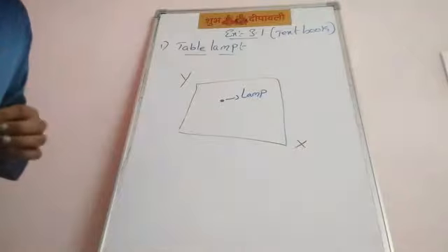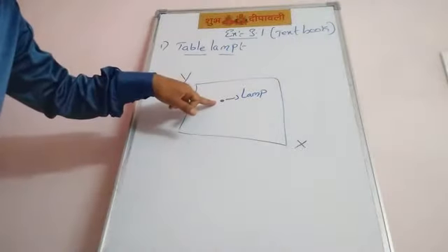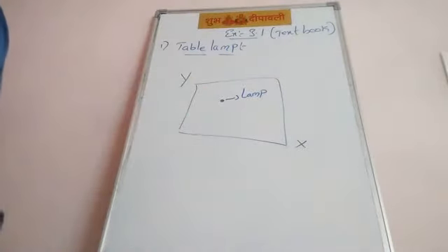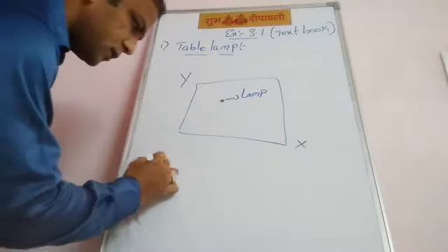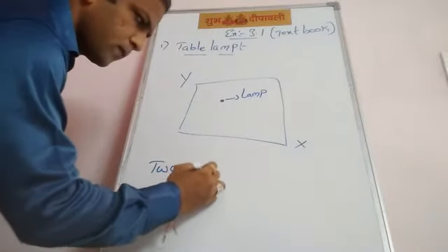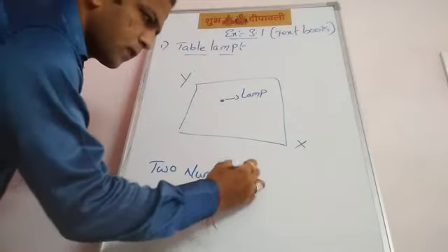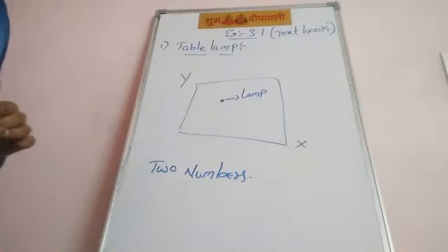Now to identify the location of this lamp on the table, what do we require? As I said at the start of this video, to represent any point in a plane, we require two numbers.